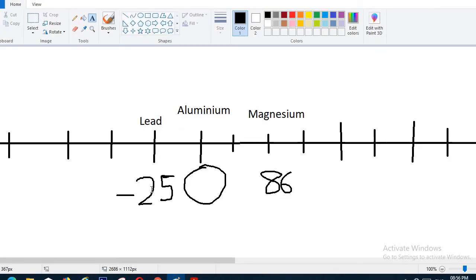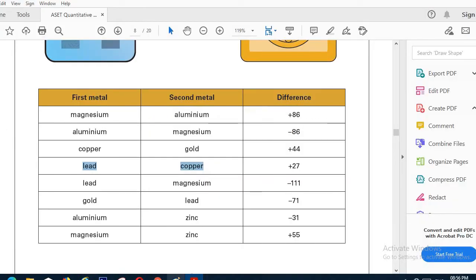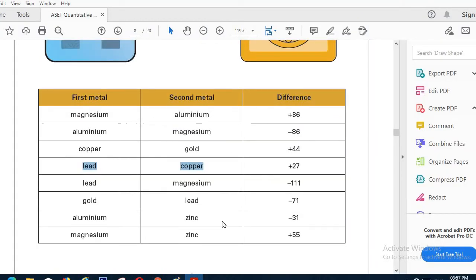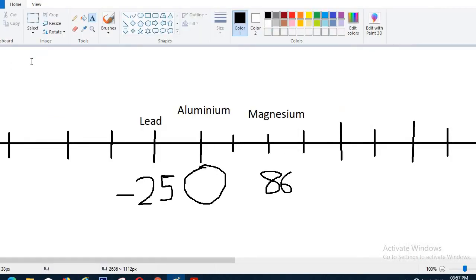So lead is negative 25 and lead minus copper should give you plus 27. So if you want to find out copper, just look at here.